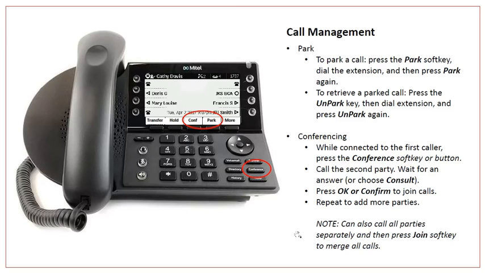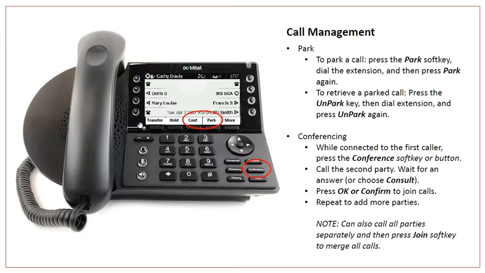I have another note here on the bottom of the training slide, because one way that I prefer to do conference calls is to call each of the individual recipients and just put them on hold. If I use my hold soft key or fixed key, I have all the parties holding on my call appearance keys.